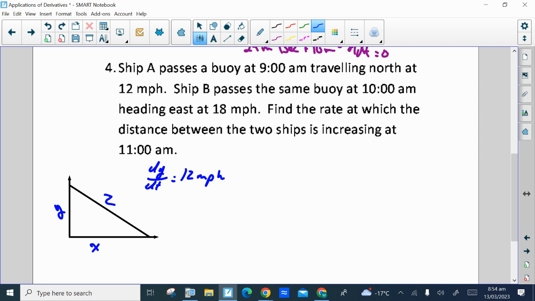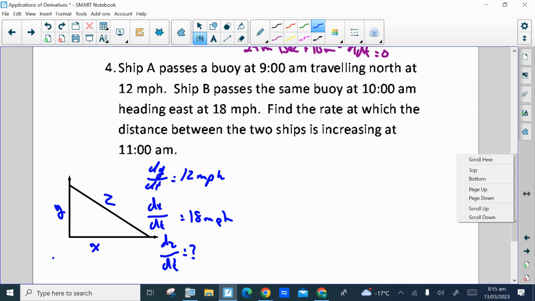And ship B passes the same buoy at 10 a.m. It's heading east at 18 miles per hour. So that'll be dx by dt. In this case, we want to know the rate at which the distance between the two ships is increasing at 11 a.m. So now we want to find dz by dt. Right?